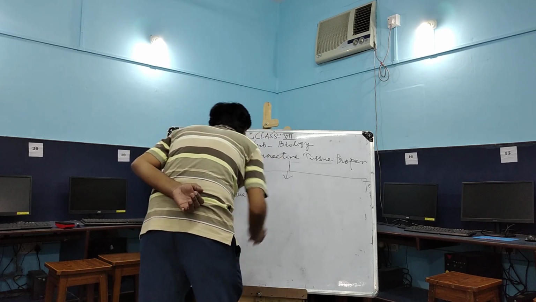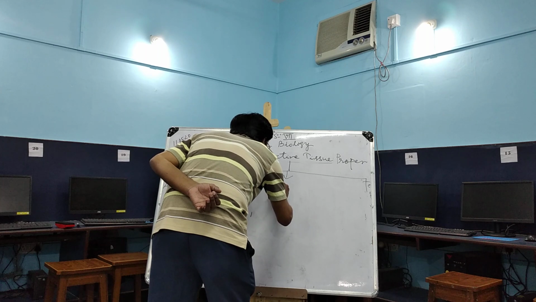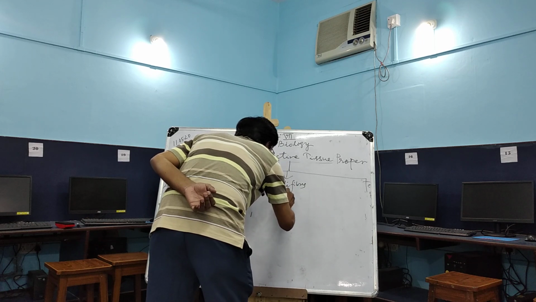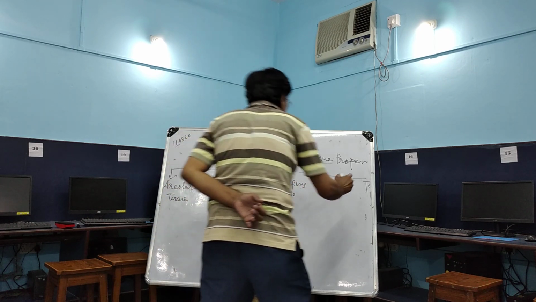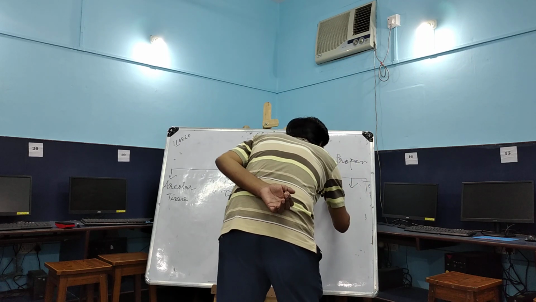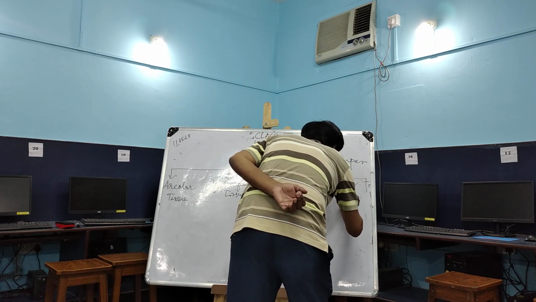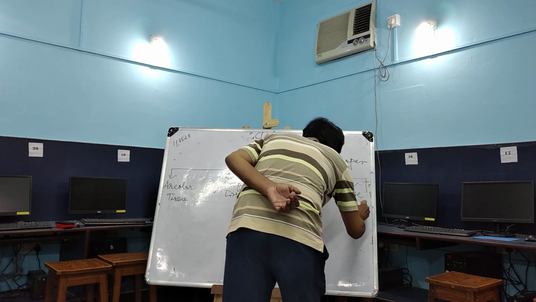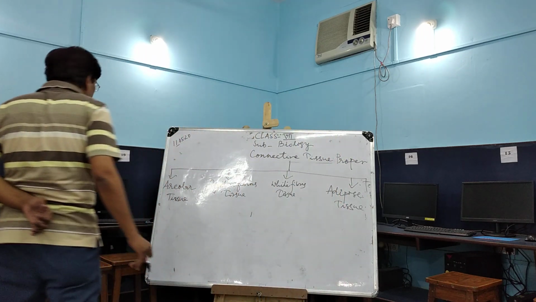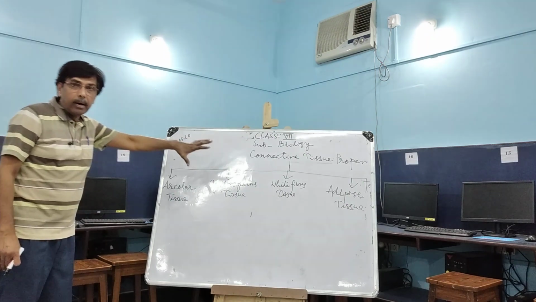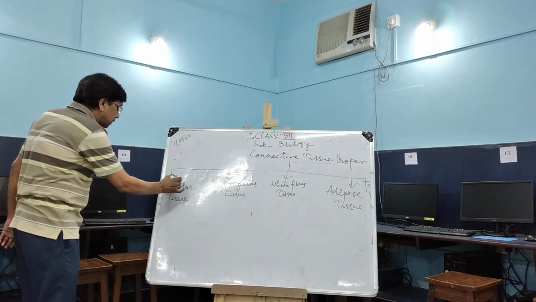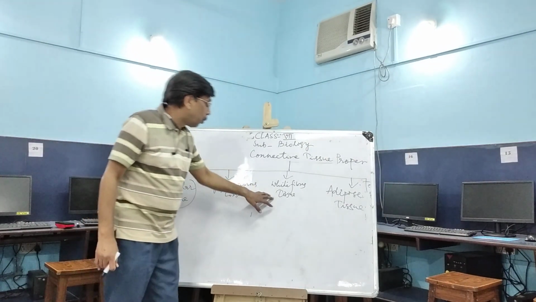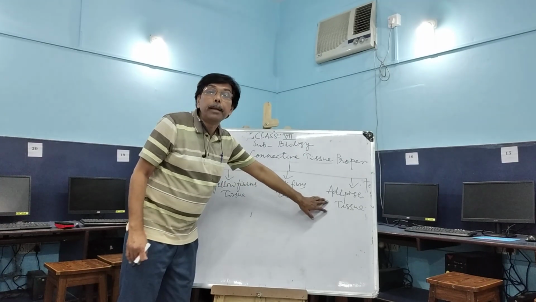Third one, white fibrous tissue. The fourth one, adipose tissue. Okay? So connective tissue proper has again been classified into these categories. The first one is areolar tissue, then yellow fibrous tissue, next white fibrous tissue, and adipose tissue.